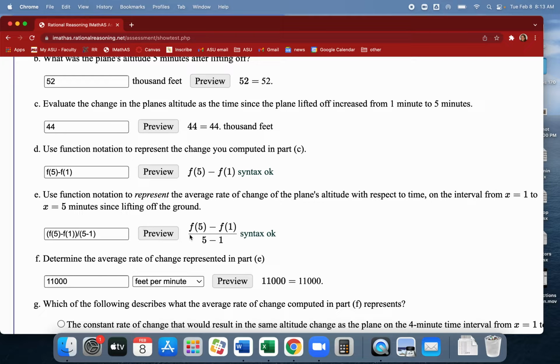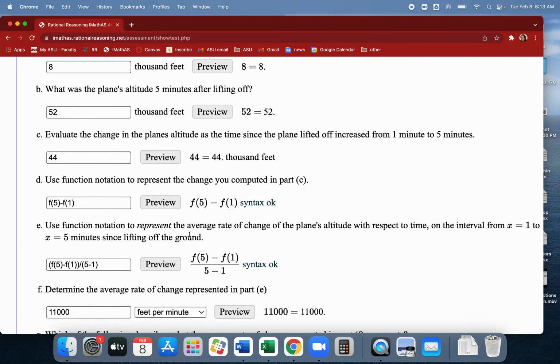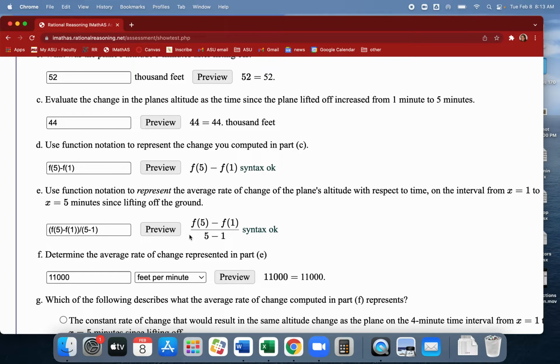But if this question had not asked, what's the average rate of change between time 1 and time 5, what if it said, what's the average rate of change of the plane's height between time 5 and a mystery time that's h seconds later?